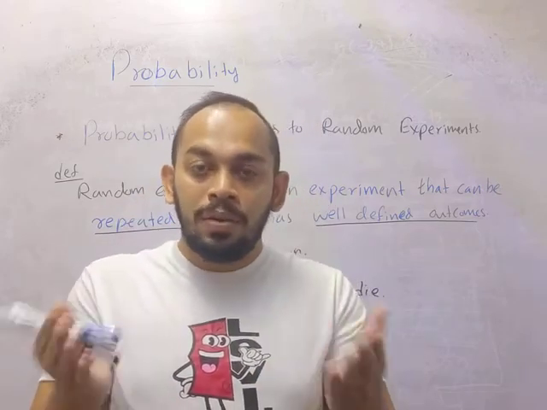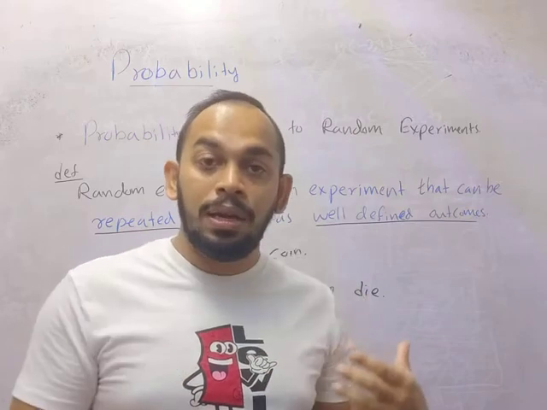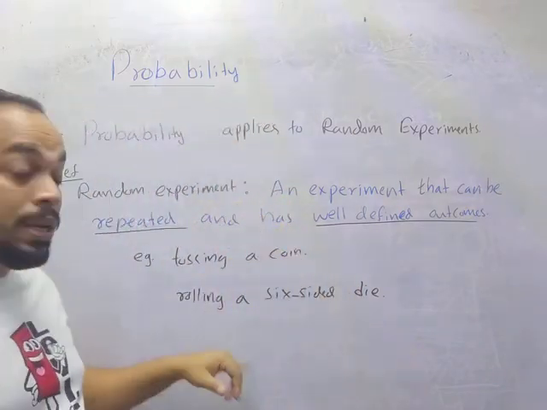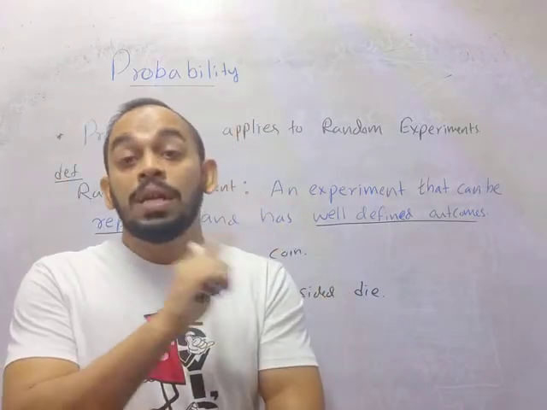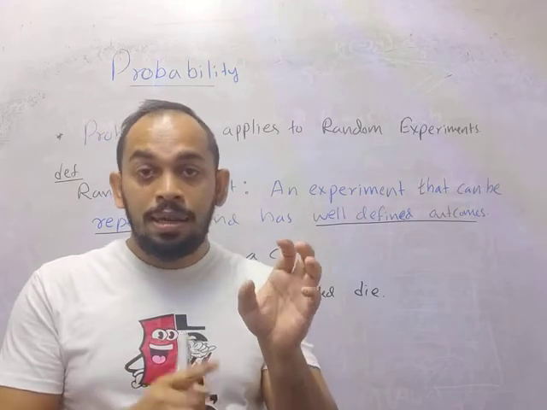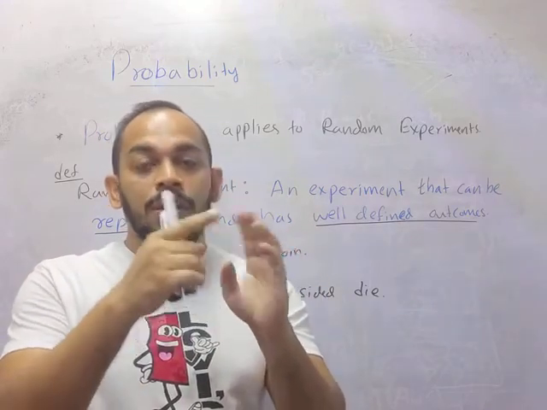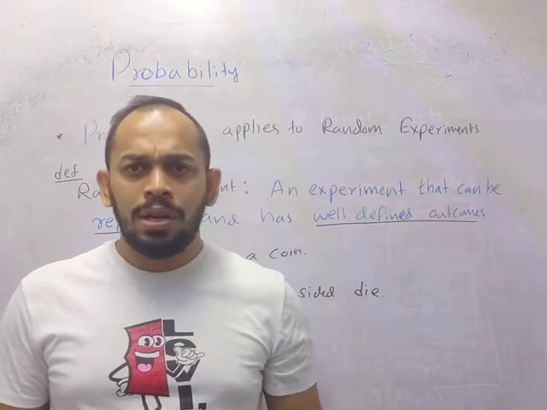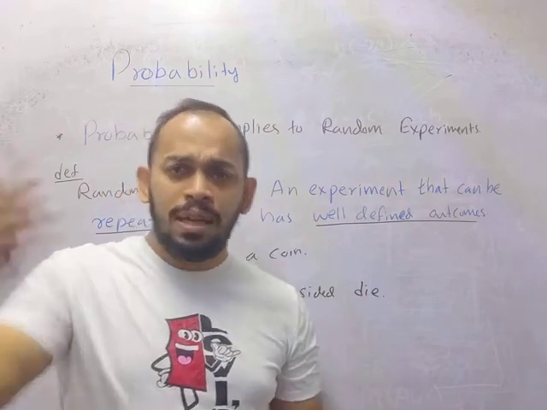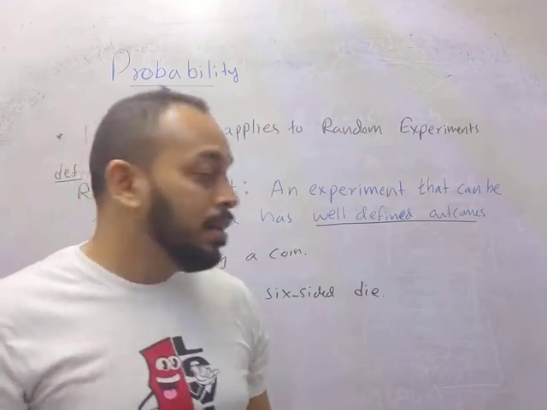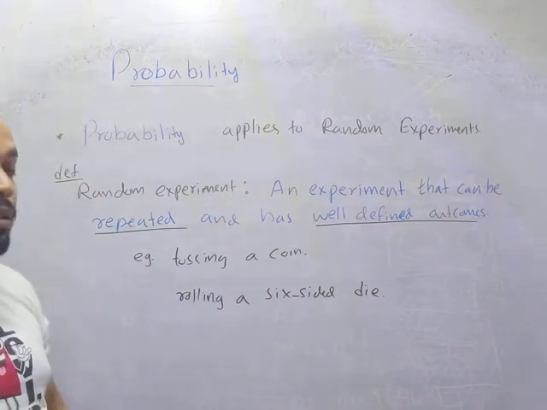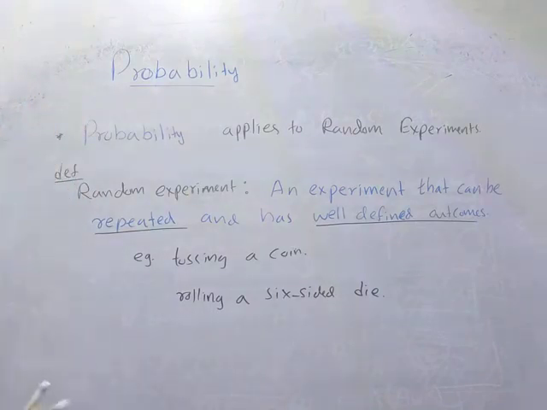What are the well-defined outcomes of a die? When you roll it, you can get the face values. So if it is a six-sided die, you can get 1, 2, 3, 4, 5 and 6. Those are the well-defined outcomes. You cannot get 7, you cannot get 10, unless it's there. Six-sided die, this should be.